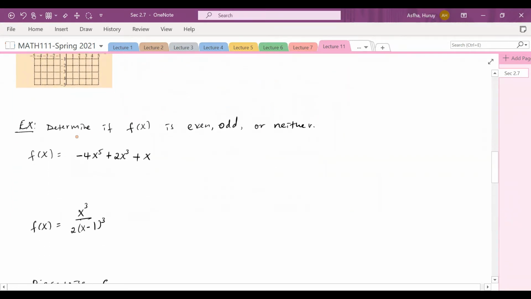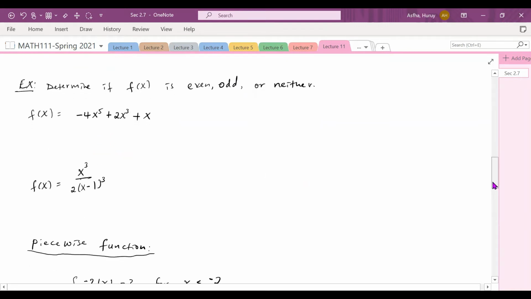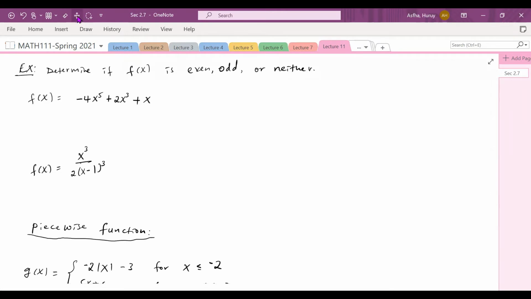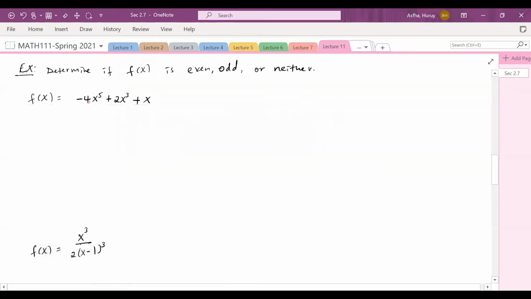Now, we saw that when we have the graph, we can determine whether the function is an even function or an odd function or neither. But how about if we have the function, the equation, itself? Now, let's consider this example. I have -4x to the power 5 plus 2x cubed plus x.